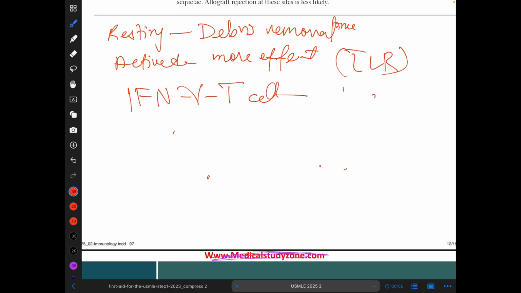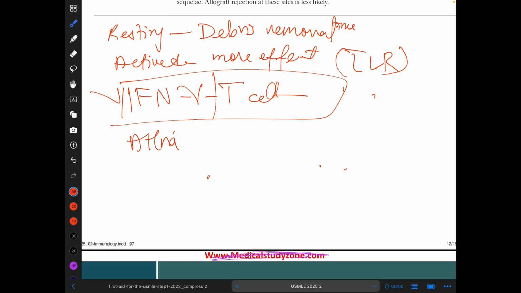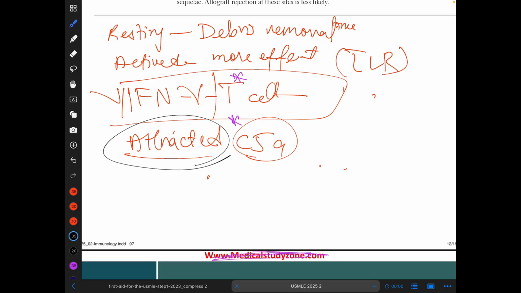Interferon gamma is going to activate the macrophages, and macrophage migration is driven by the complement system, including C5a. These are so important points. Interferon gamma stimulates macrophages, and they are attracted by C5a.